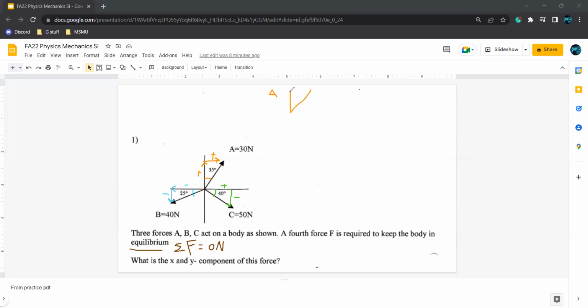This is your positive X, and then you have your positive Y. There's an A, not a delta. Using SOHCAHTOA. Type that in over here.